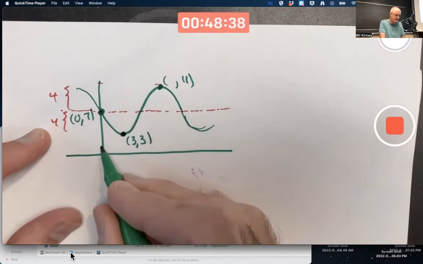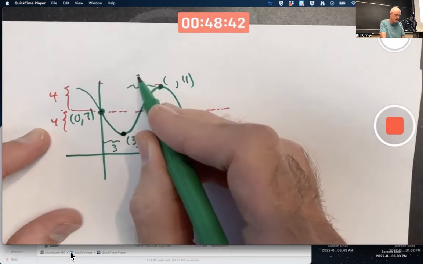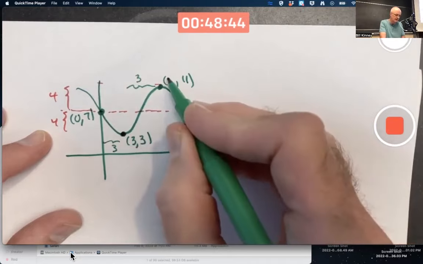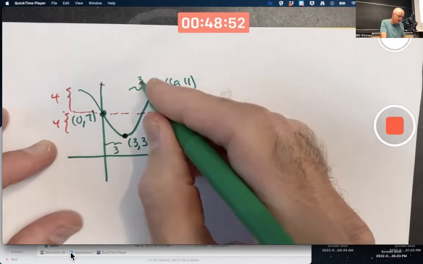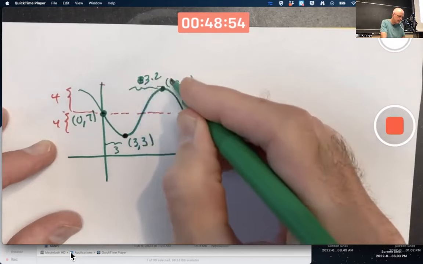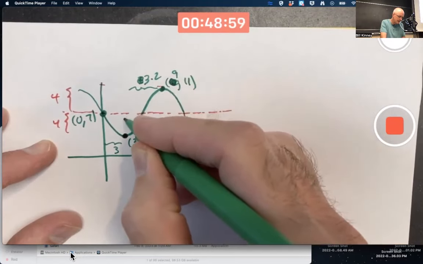Also by symmetry, since this distance right here is 3, this distance right here should also be 3, so the first coordinate should be 6. Oh, no, excuse me. I did the wrong thing. Sorry. That distance should be 3 times 2. 6. So this coordinate should be 9. It's this distance right here that should be 3.